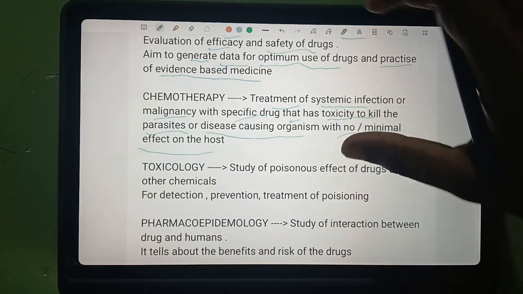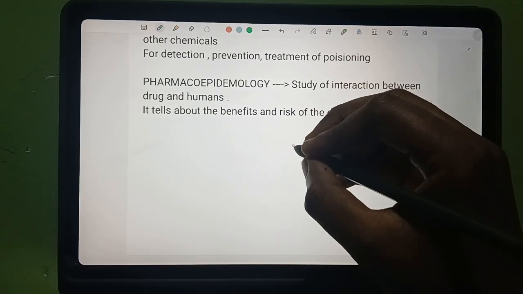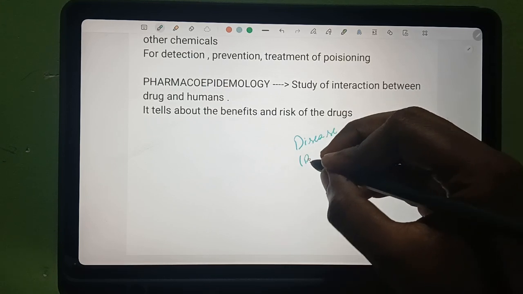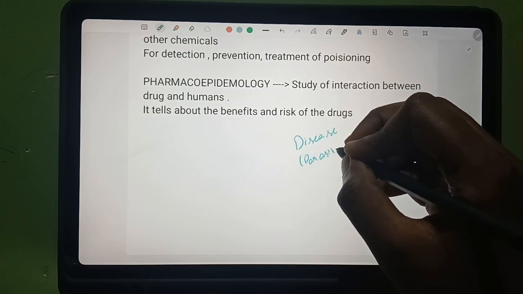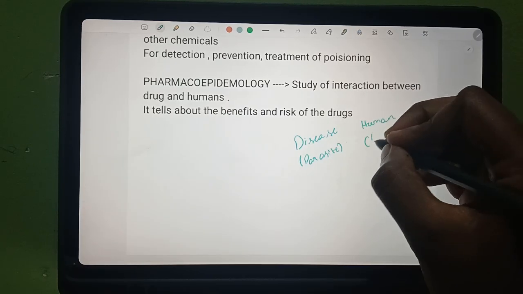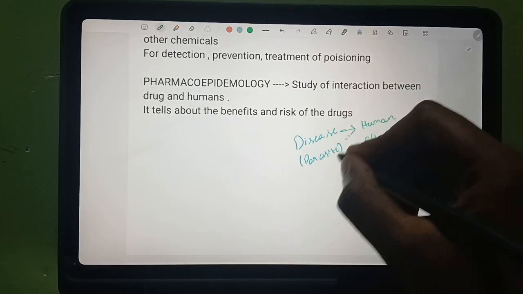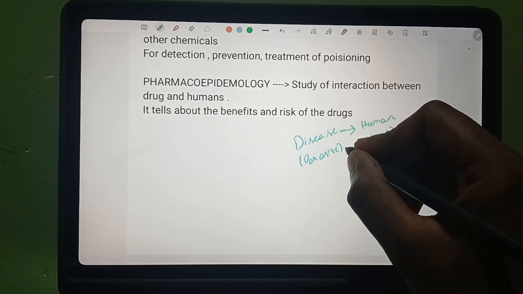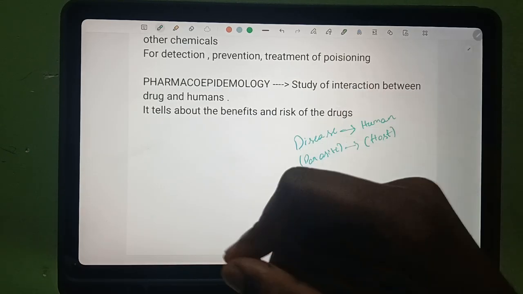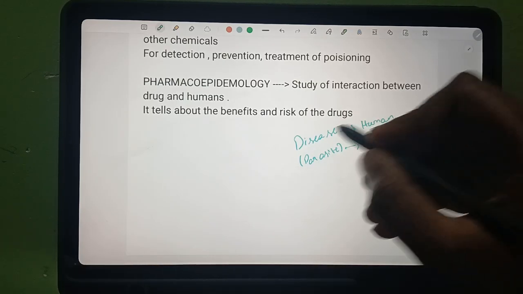For example, take a disease, say a parasite. Take a human as the host. If a parasite is living in the host and we give a drug, then the drug's toxicity should kill the disease.